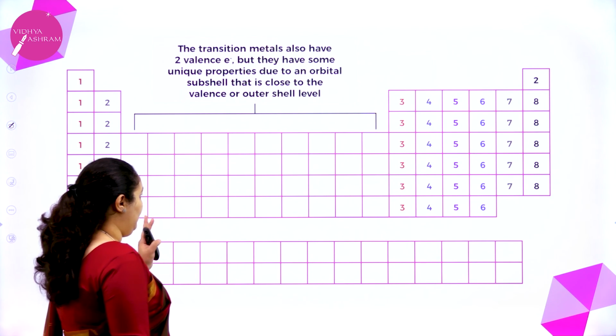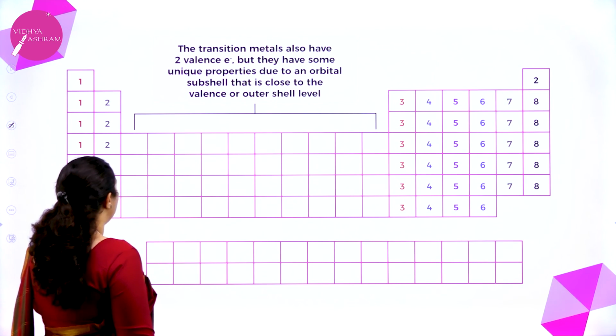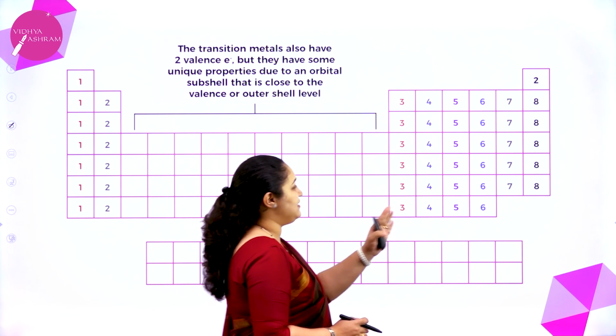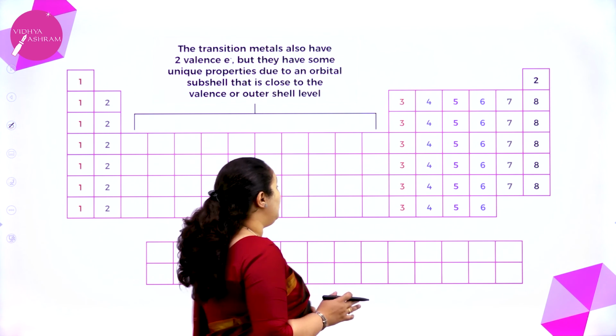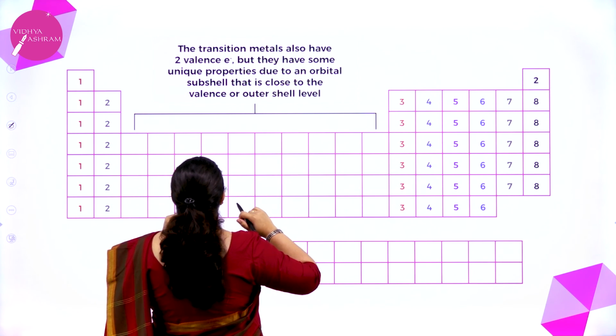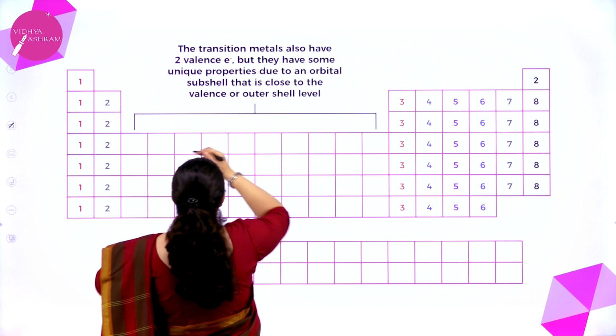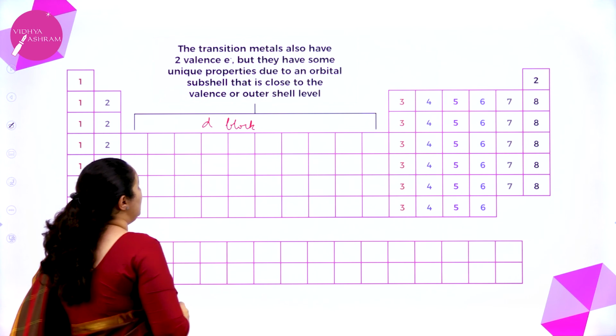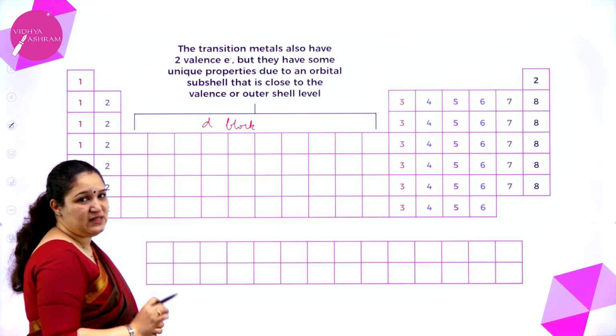Now you see valency, I also told you it can be 1, 2, 3, 4, 5, 6, 7, 8. Now why am I not talking about the valency of these D block elements? Because they all have 2 valence electrons.